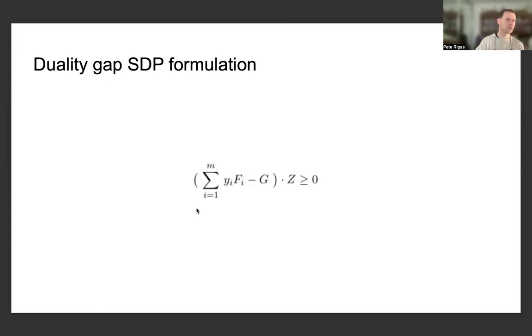And this type of inequality really encapsulates that fact, because we can look at the dual objective, given by f sub i multiplied by y sub i, subtract it from the game matrix, take the inner product with the primal feasible solution to some game of interest, and determine whether that is greater than or equal to zero.